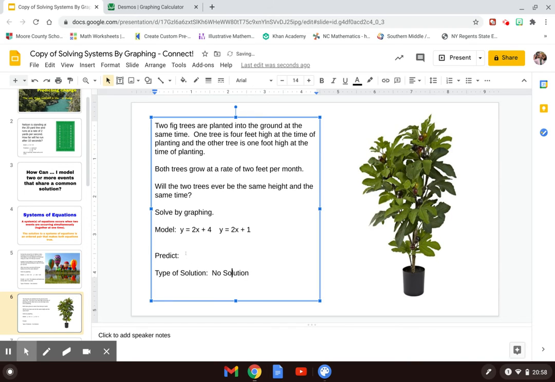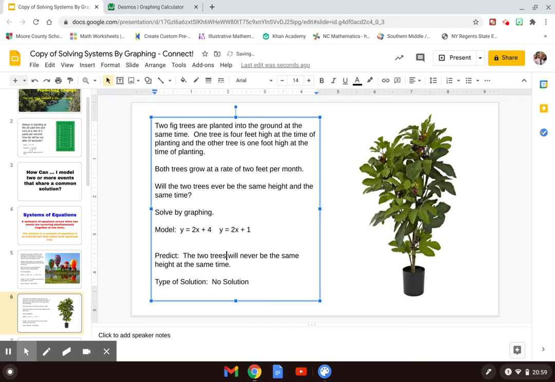So what that means for my prediction is the two trees will never be the same height at the same time.